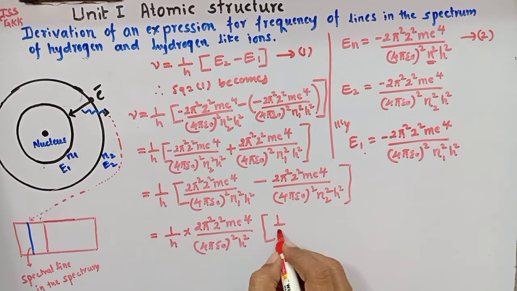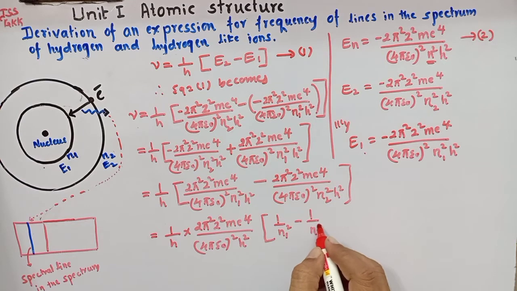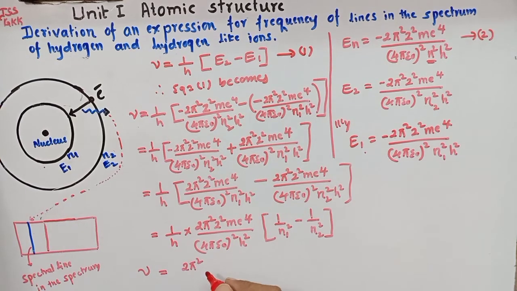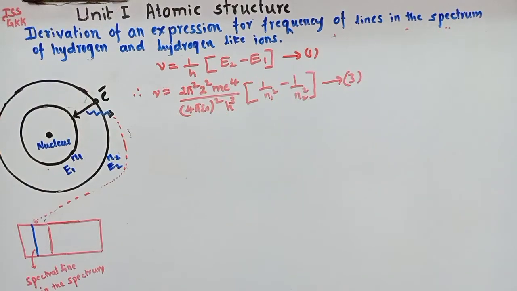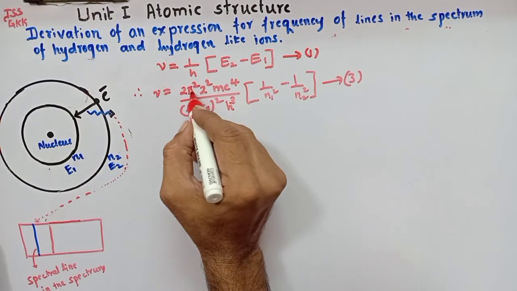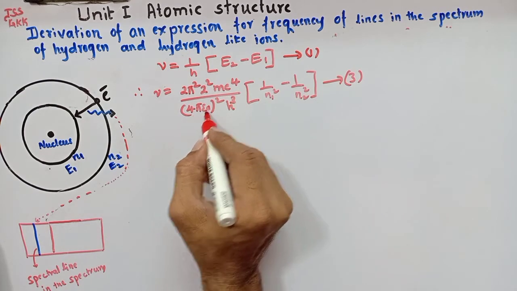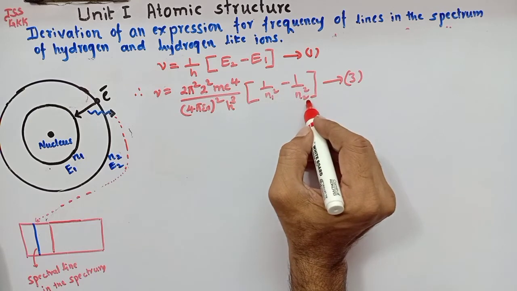times (1/n1² - 1/n2²). Now this 1/h and this 1/h² will multiply. Therefore, ν = 2π²Z²me⁴/((4πε₀)²h³) × (1/n1² - 1/n2²).